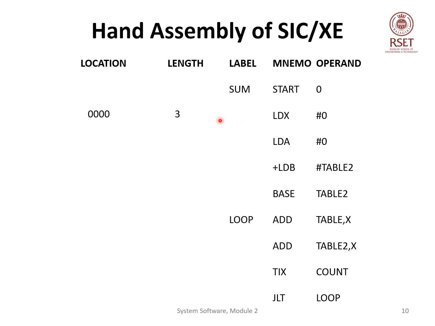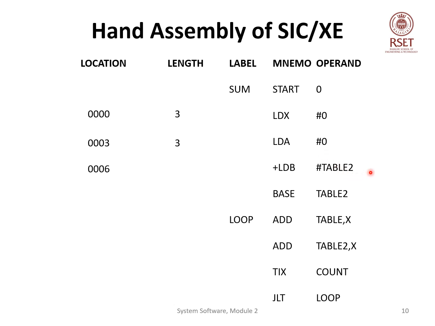So what happens? The next instruction LDA #0 will begin at 0000 plus 3, 0003. LDA #0 again is immediate addressing where the accumulator is loaded with the number 0. Its length is 3. So the next instruction will begin at 6.